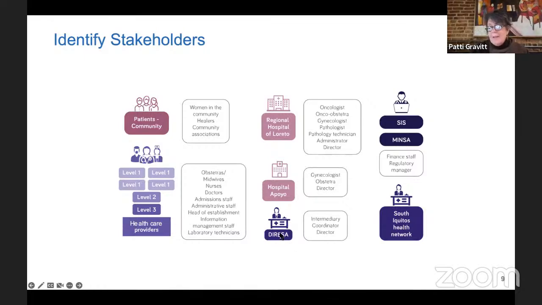The DIRESA, which is the regional administrative coordinator for the Ministry of Health Programs, the insurance scheme for those who were not insured by their employers, the Ministry of Health, financial staff, regulatory managers, and then the health network itself that we engaged with.